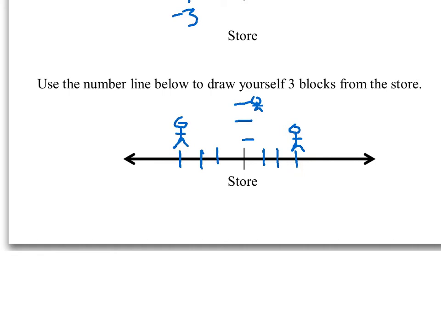Mr. Swenson, what do you think? I think that it's all right because it just says that it's 3 blocks from the store, so it's any directions. Okay. So what I hear Joseph saying, and this is probably the most accurate answer, is that he says that they're all right. The directions don't give a direction.